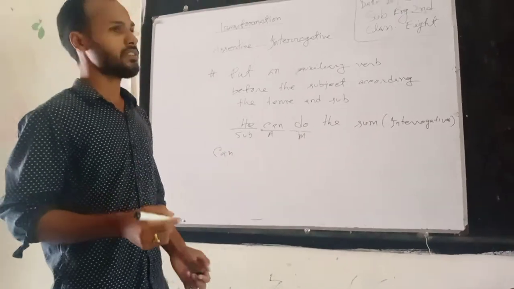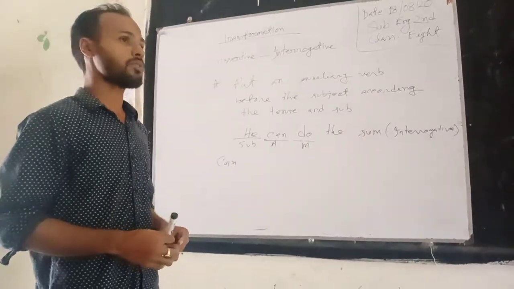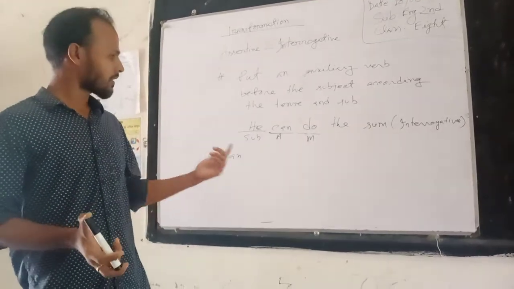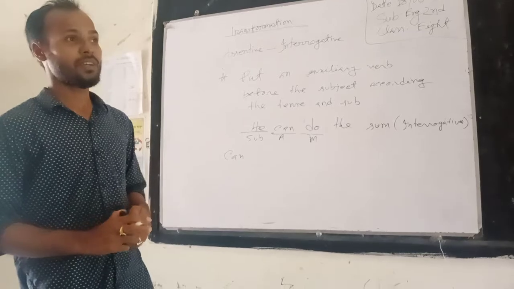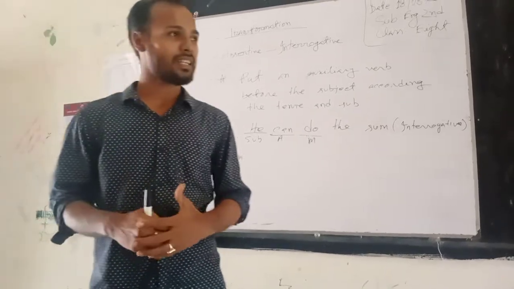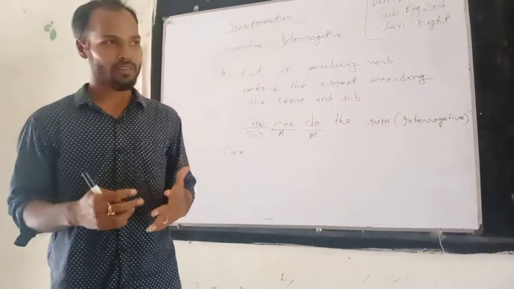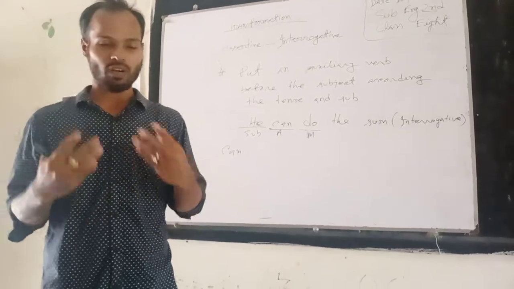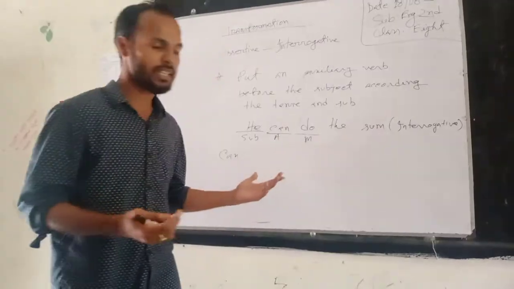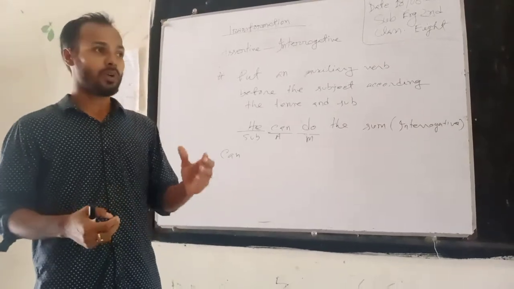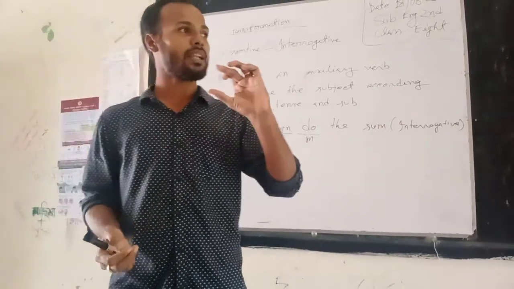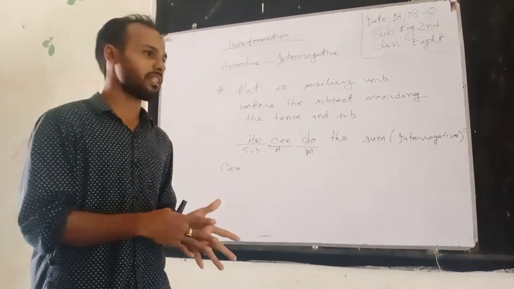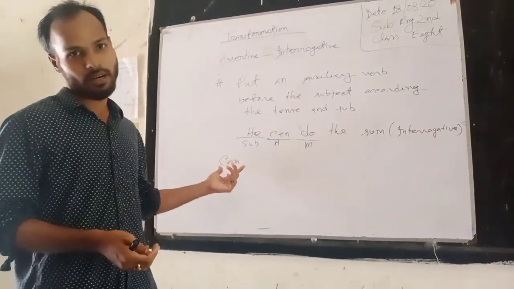Now, the second rule, you have to consider also before the subject, because the second rule tells us if the given sentence is affirmative, you have to make it negative. If you want to make the sentence negative, you have to write the negative word not, and not is always associated with the auxiliary verb.